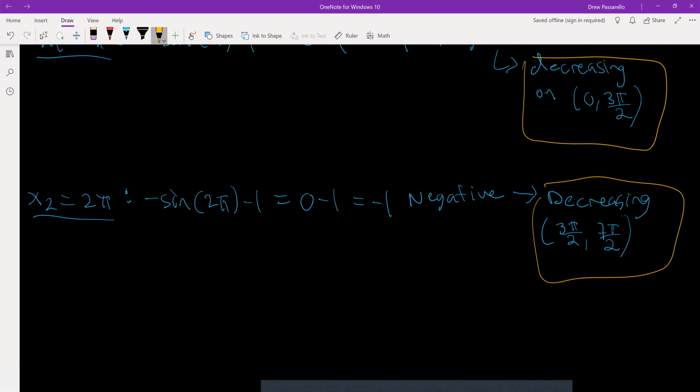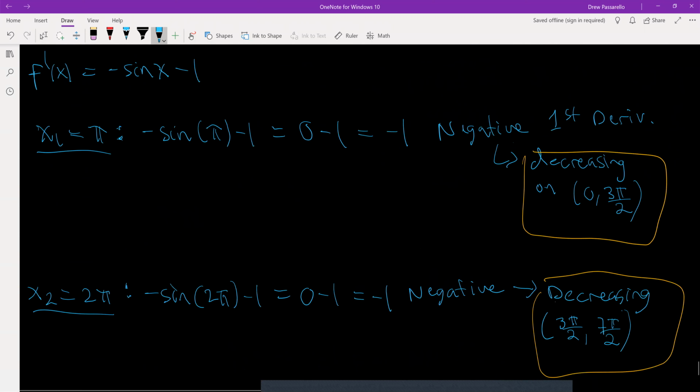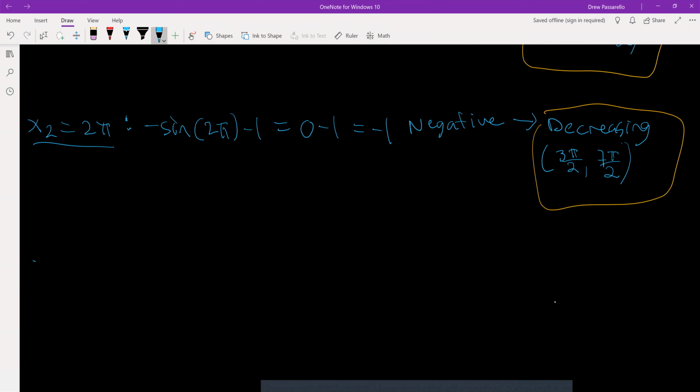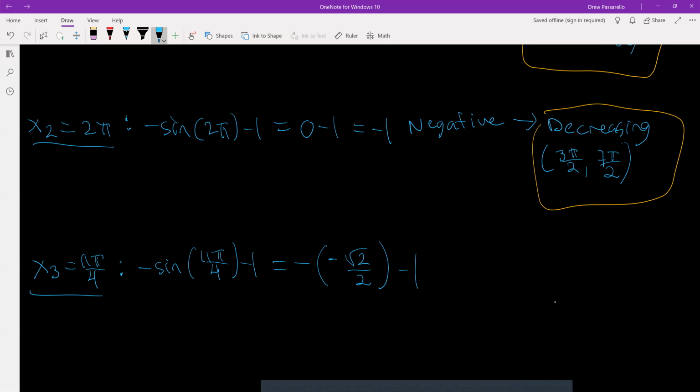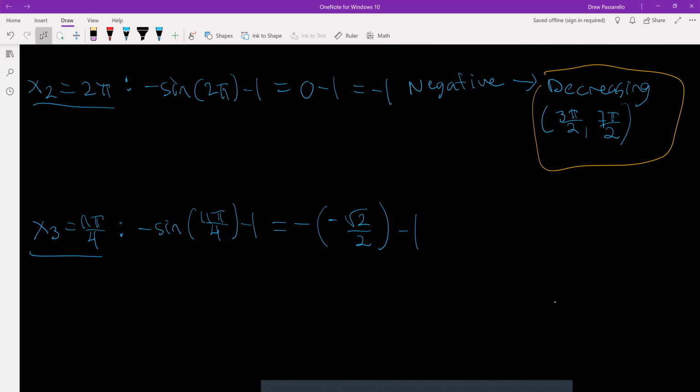All right, now the third test value, that was 11 pi over 4. Sine of 11 pi over 4 is negative square root of 2 over 2. So I'll have negative times negative square root of 2 over 2, then minus 1. A negative makes positive, so this is square root of 2 over 2 minus 1.